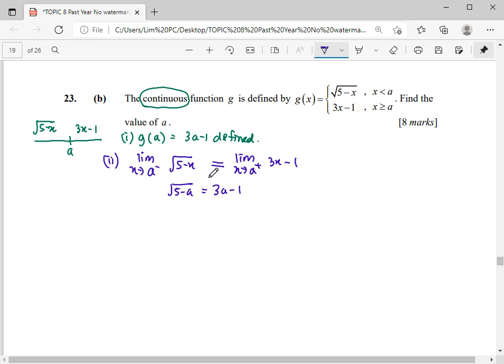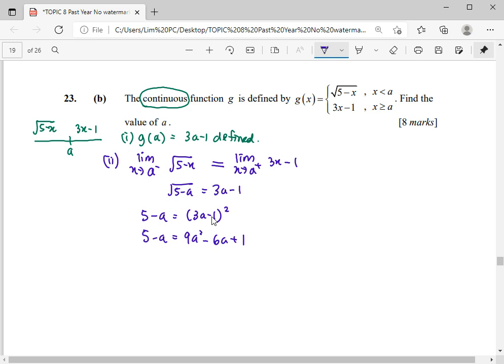So how do we simplify our radical equation? We will use our concept in topic 2. We will square both sides, or we remove our square root here to the right hand side. It will be 5 minus a equals (3a minus 1) squared. So we expand our square. It will be 9a squared, then using (a minus b) squared, 2ab will give us negative 6a, then plus 1.